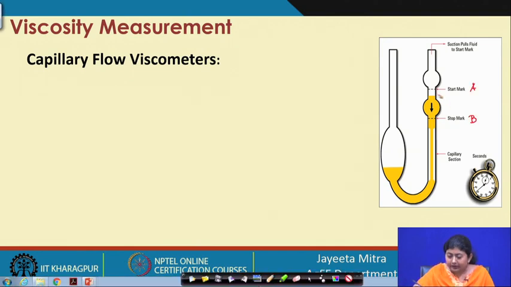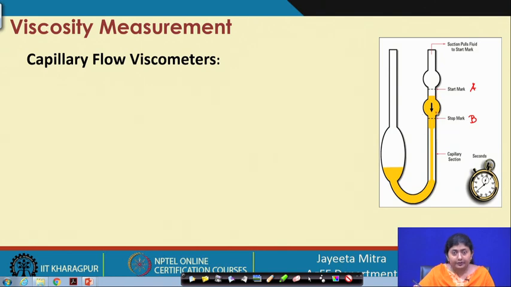So, as I said, we want to measure the volumetric flow rate that can happen under a certain pressure gradient or a certain driving force.